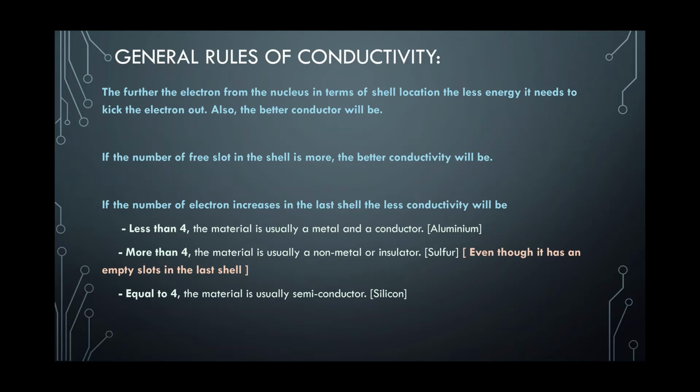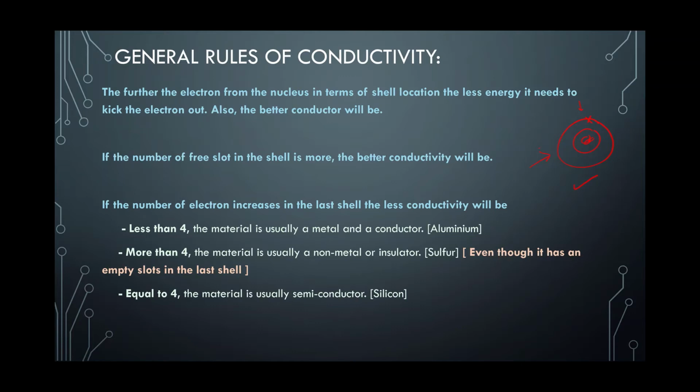Now, if the number of free slots in the shell is larger, the conductivity will be better. For example, the second shell can accommodate 8 electrons. If I have only 1 electron here and 7 free slots, it will be a conductor.